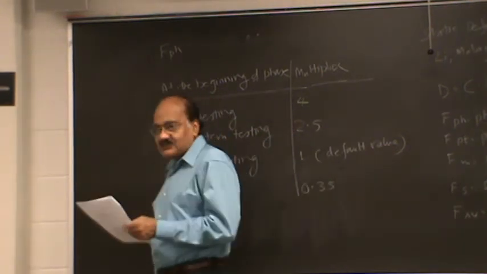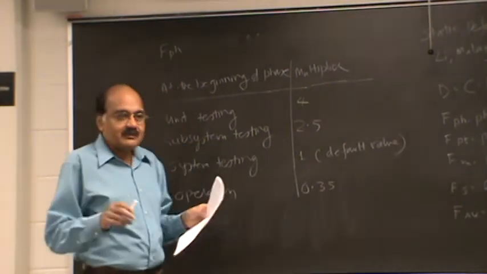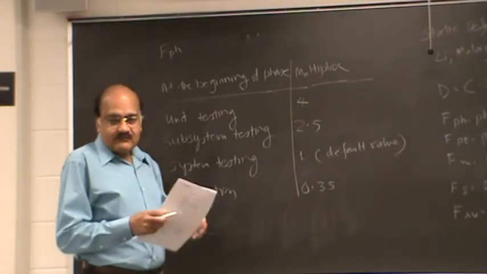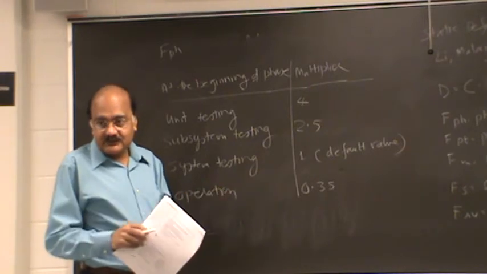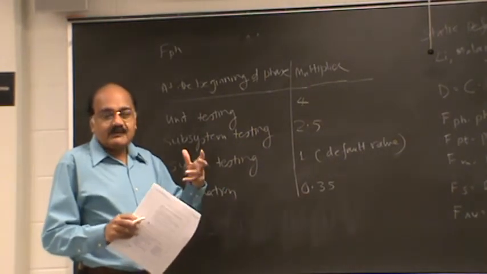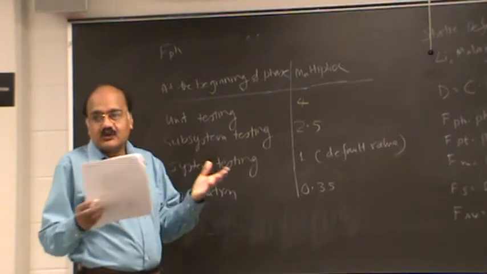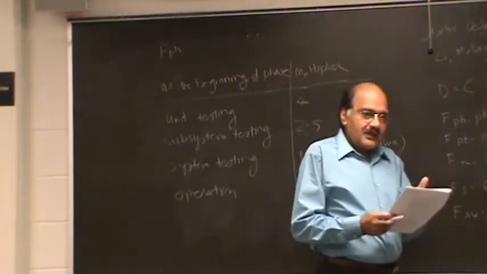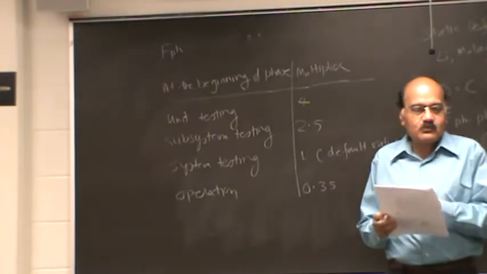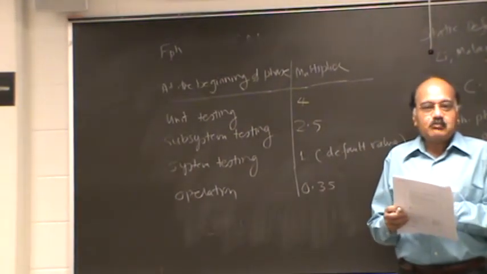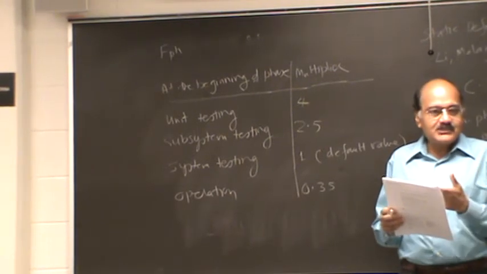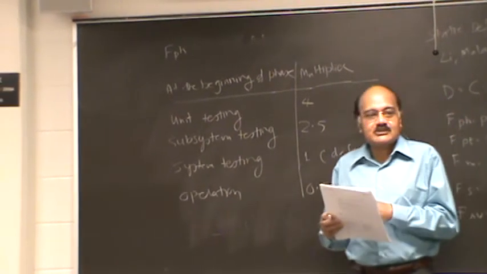Okay, how did we come up with these numbers? First of all, in different situations, obviously the numbers are going to be different. But this is the kind of numbers we have come across in literature. So we looked at some data that was collected by John Musa, who was a pioneer in software reliability engineering. He passed away a couple of years ago.